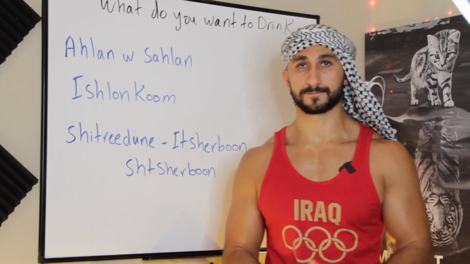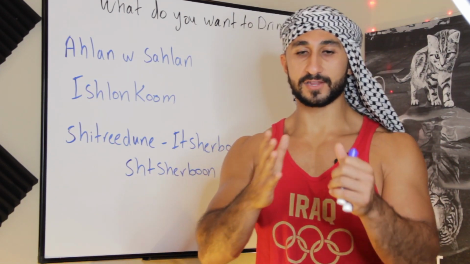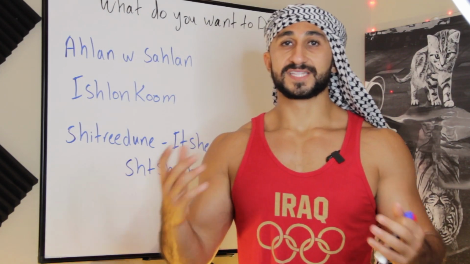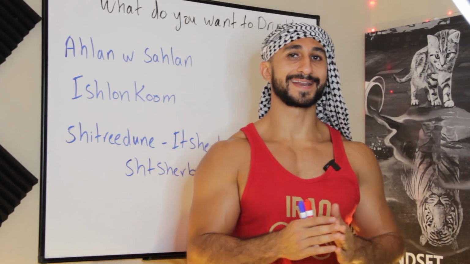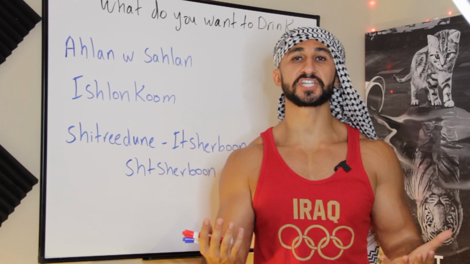Okay, so let's say you're the only one, a male. You're a male, you go to the restaurant, you're the only one. شتريد تشرب or شتشرب. So شتشرب is what do you want to drink.